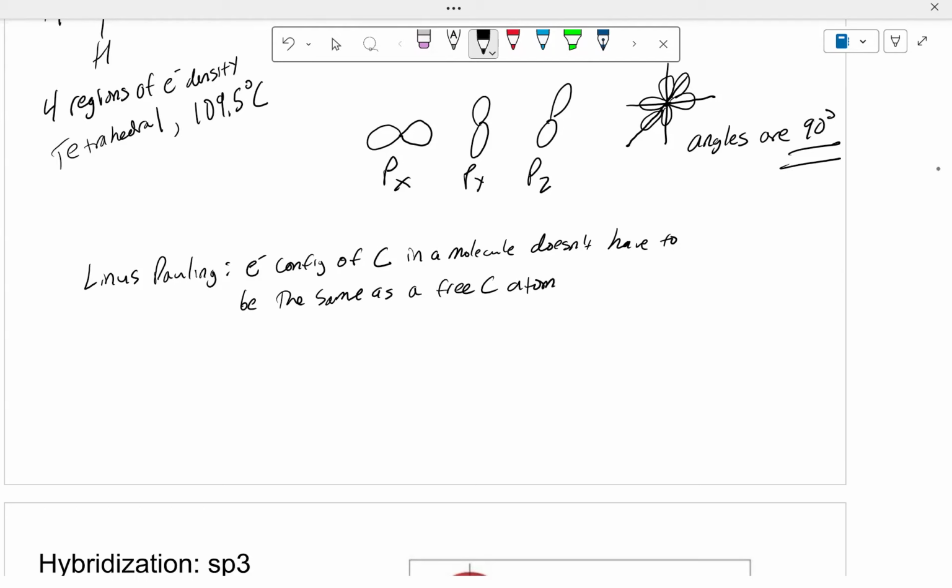Whenever you did electron configuration in GChem, you always just dealt with free atoms. What Linus Pauling was saying is that if a carbon atom is bonding to other things, it doesn't necessarily have to have the same electron configuration. And this is where the concept of hybridization came about.